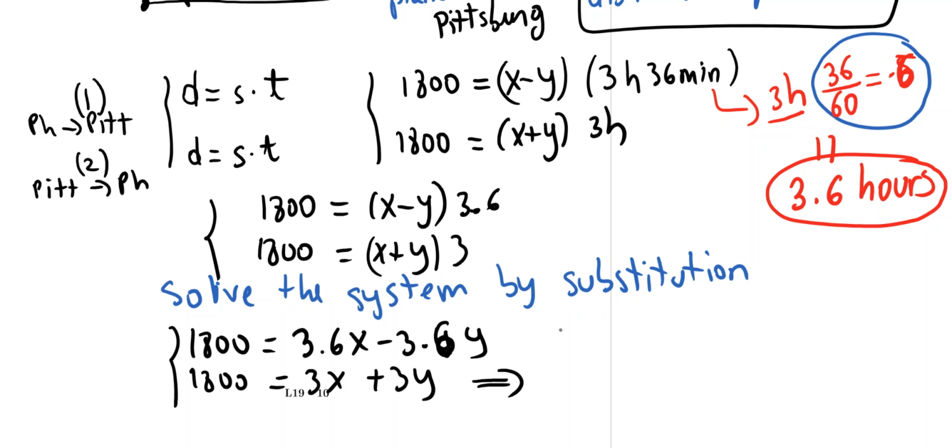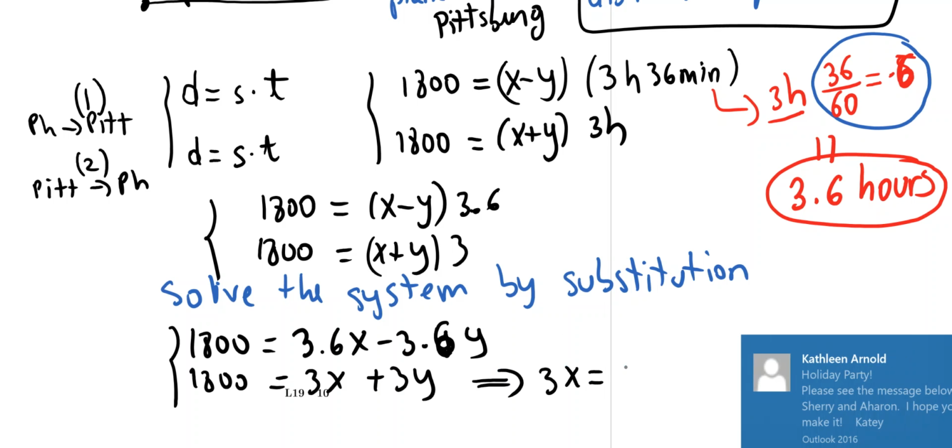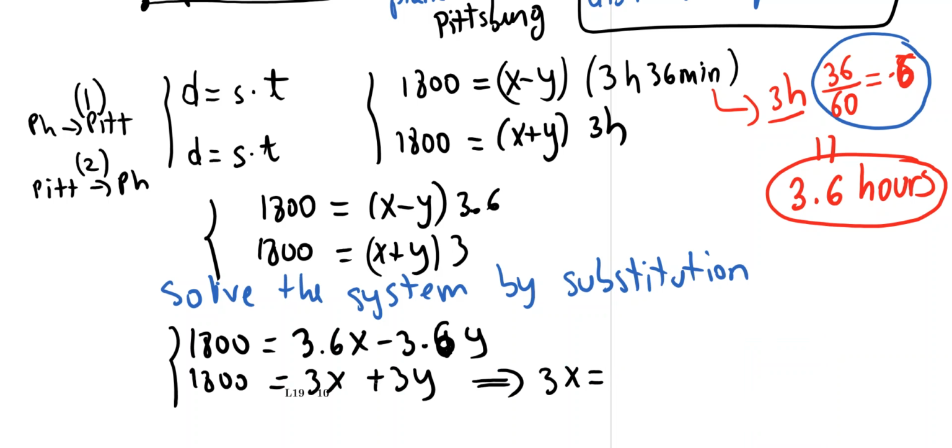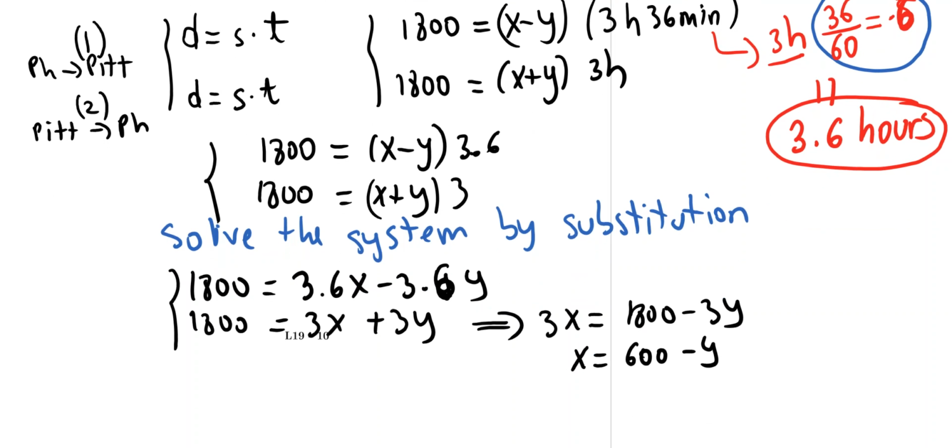Let's solve for x in here, so I'll have 3x equals 1800 minus 3y, divide by 3, we get 600 minus y. So this will be our substitution.